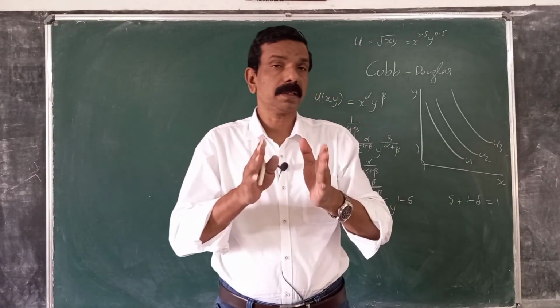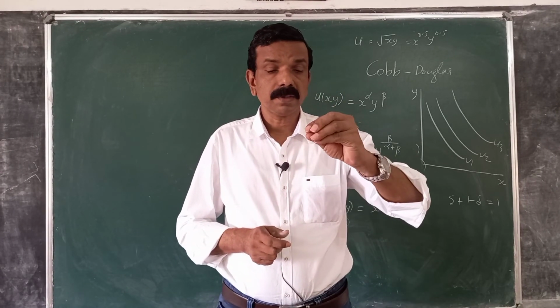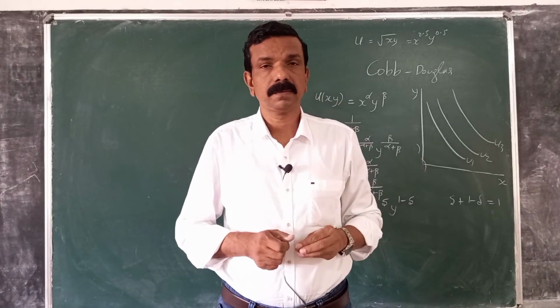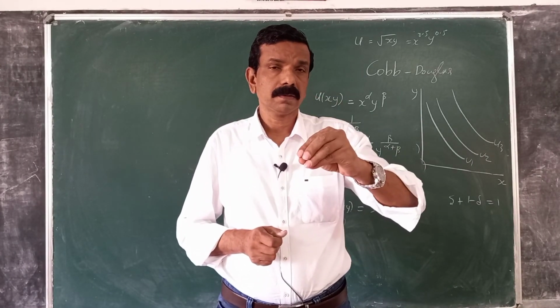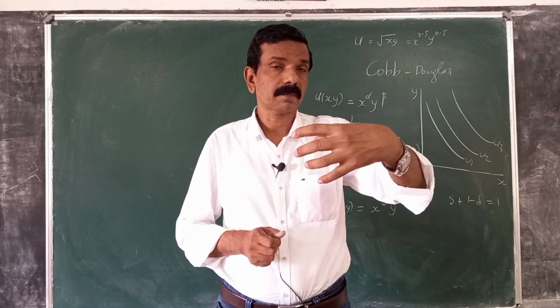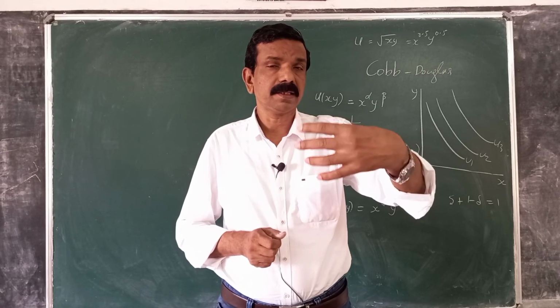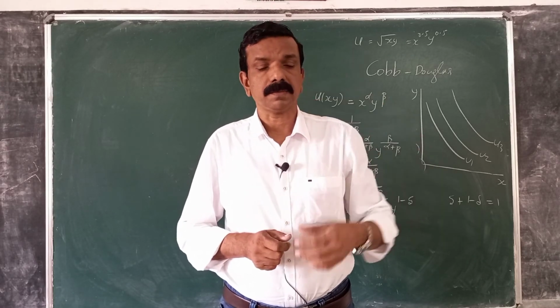And remember this, in the case of Cobb Douglas utility function, the indifference curve is well behaved. The preferences, in terms of this indifference curve, satisfy all the four axioms.